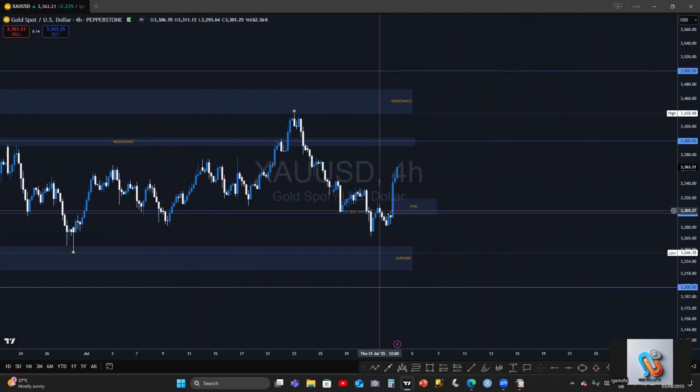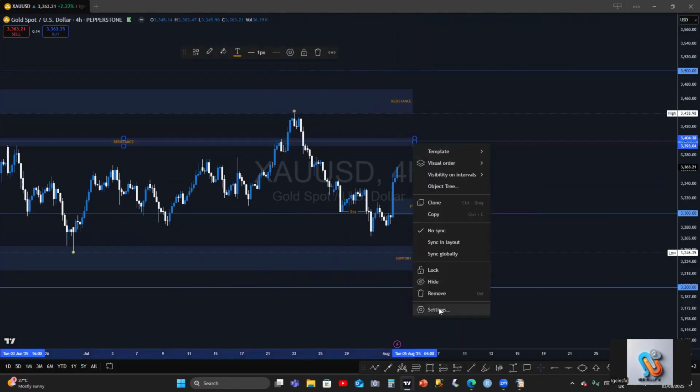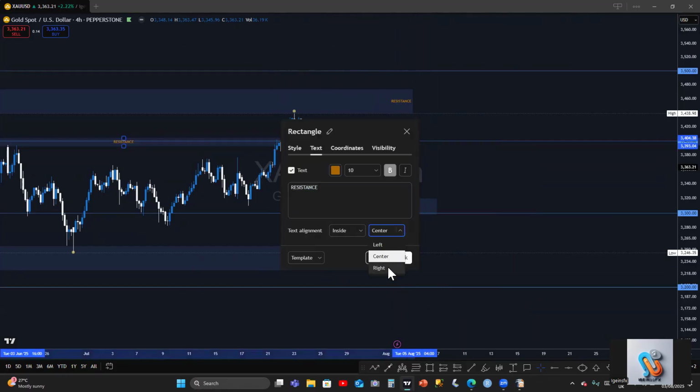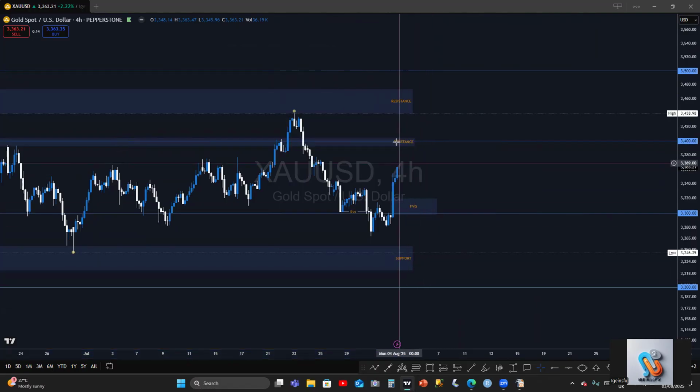So when the market opens, let's see the reaction. If it gets here and rejects, if this level holds and it rejects, that means price will come back to close up this FVG.